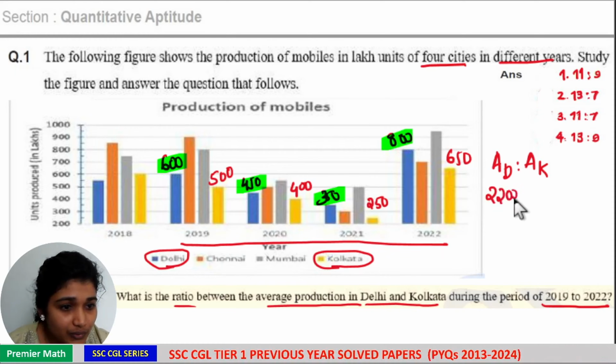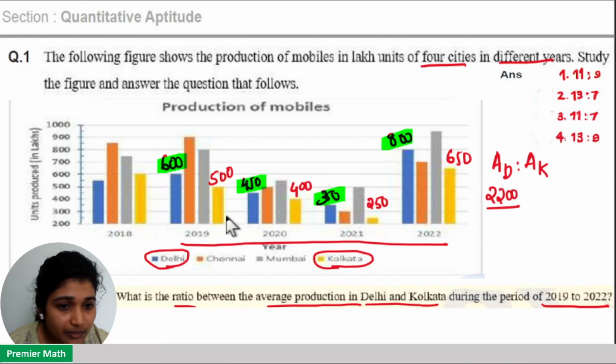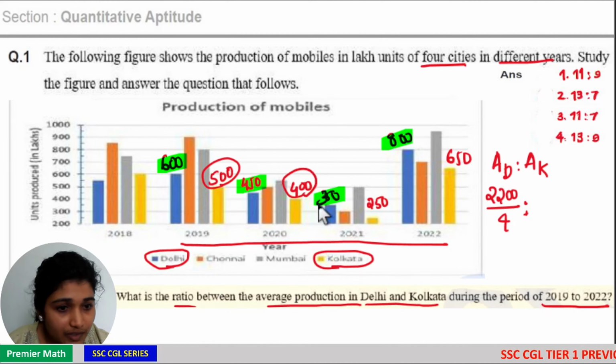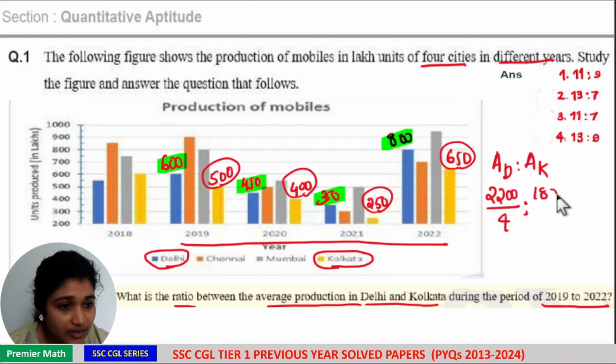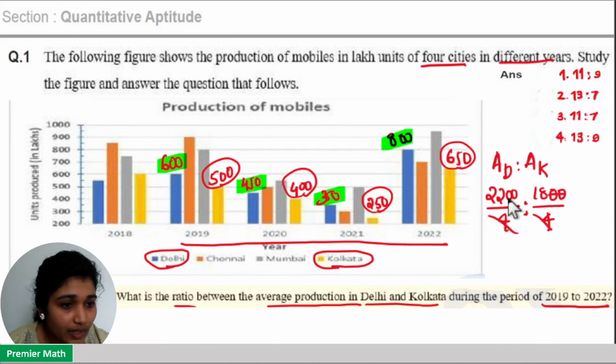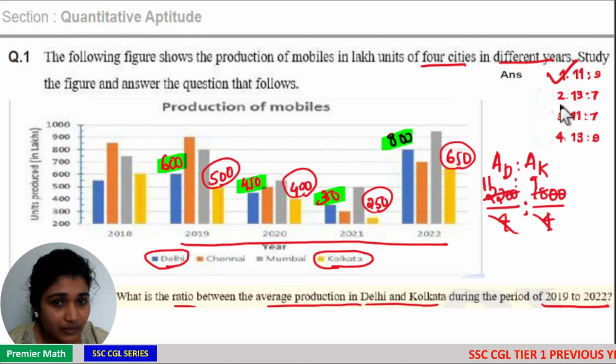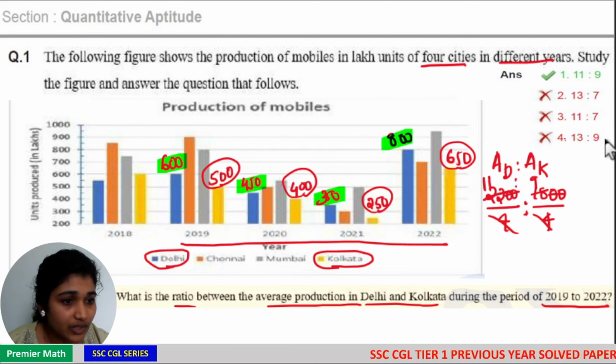So 2200 divided by 4 is to, other is 500 plus 400, 900, and 650 plus 250 is equal to 900. So 900 plus 900 is 1800. 1800 divided by 4. Now 4 cancels, 00 cancels. 2 goes 11 times in 22 and 9 times in 18. So 11 is to 9. Option 1 is your answer. Ratio is equal to 11 is to 9.